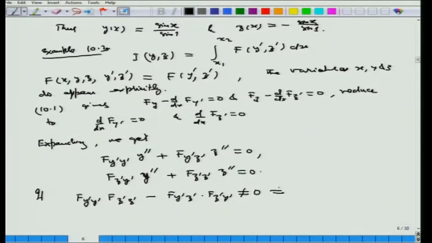Then we know that only the trivial solution should hold, so y double prime equal to 0 and z double prime equal to 0, and this implies that y equals a x plus b and z equals c x plus d.